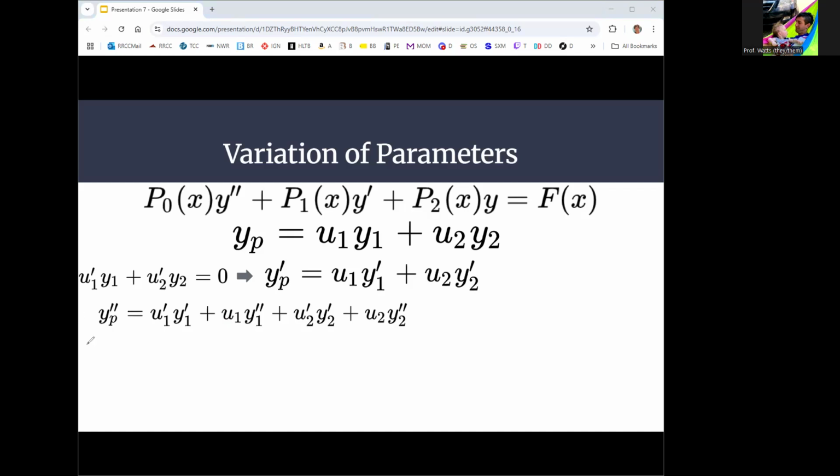So let's see if we can get this here. p0 times u1 prime y1 prime plus u1 y1 double prime. So that's putting the second derivative in the first term, and then put in the first derivative, and then put in the function itself.